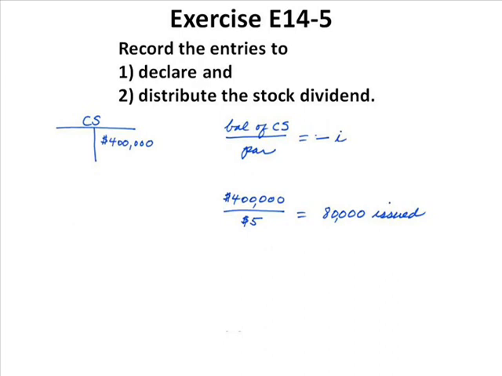Treasury stock wasn't mentioned, therefore we must conclude it doesn't exist in this problem. We're taking the balance of common stock, 400,000, by par, $5, getting number of shares issued to be 80,000. Subtract 0 treasury shares and get 80,000 outstanding. If you're with me right this minute, say yes. Yes.